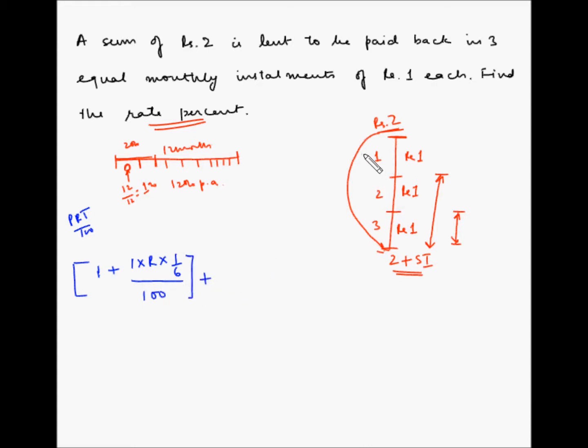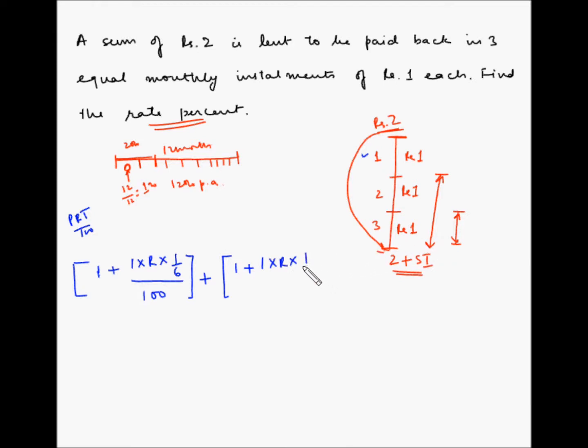Plus, now we have already considered the first installment. Now let's consider the second installment. So again, the installment is for 1 rupee plus the interest earned for 1 month. So principal is 1 multiplied by R multiplied by the time frame, which is 1 month.